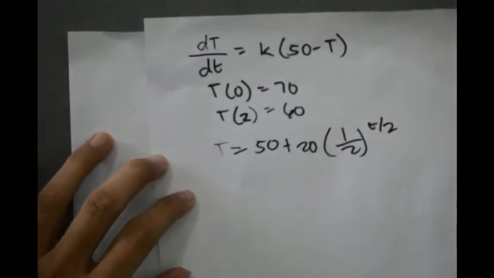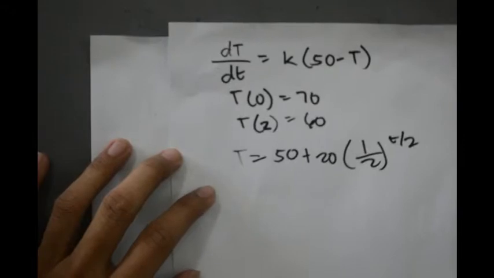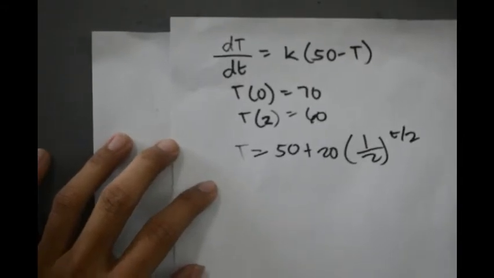We would like to find the value of t for which the temperature T(t) is equal to 98.6 degrees Fahrenheit.